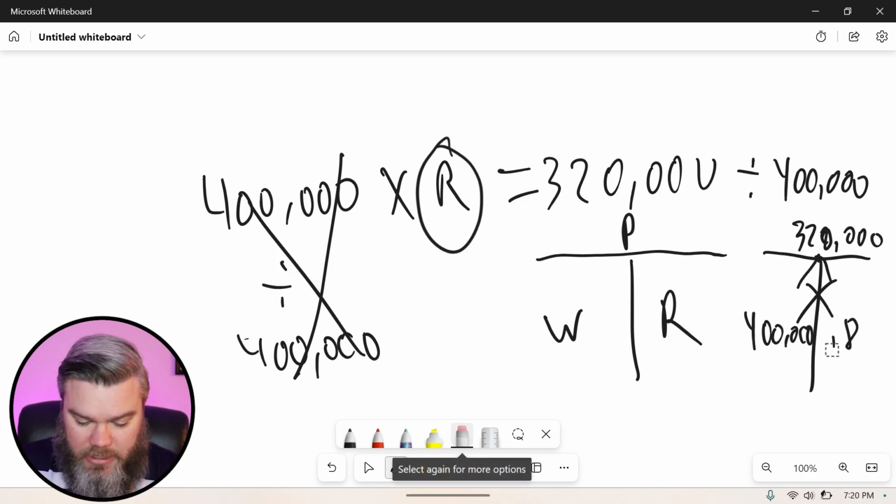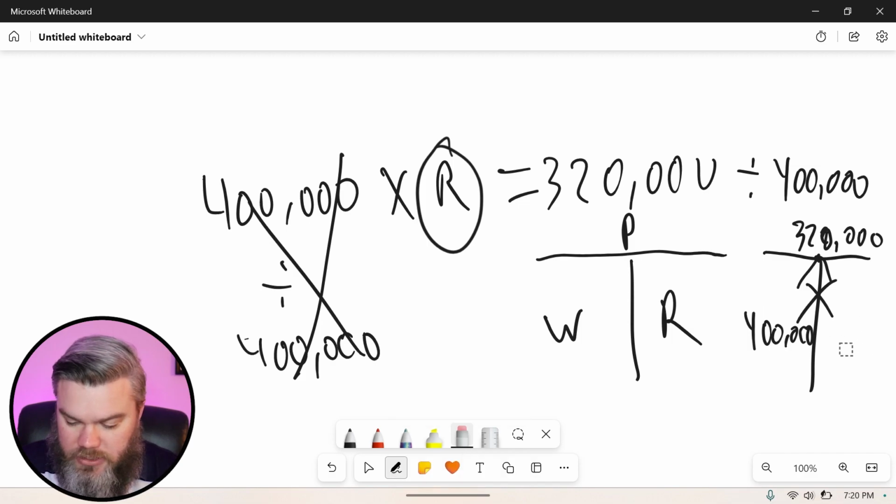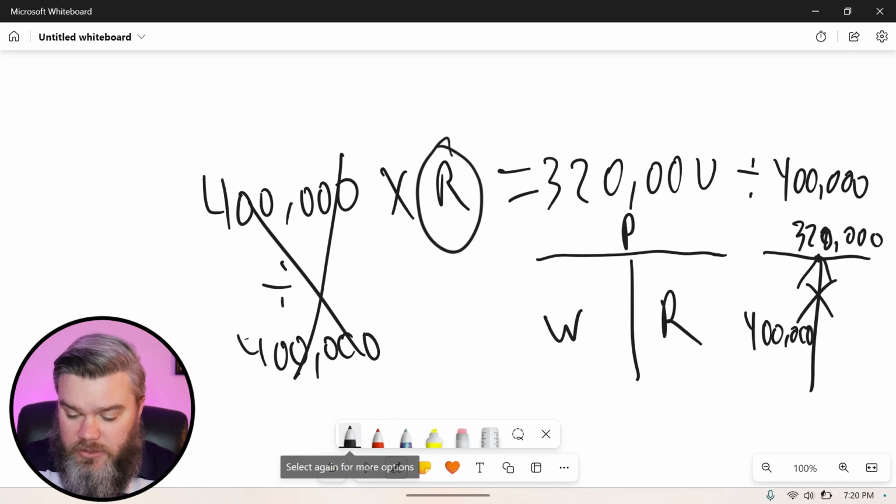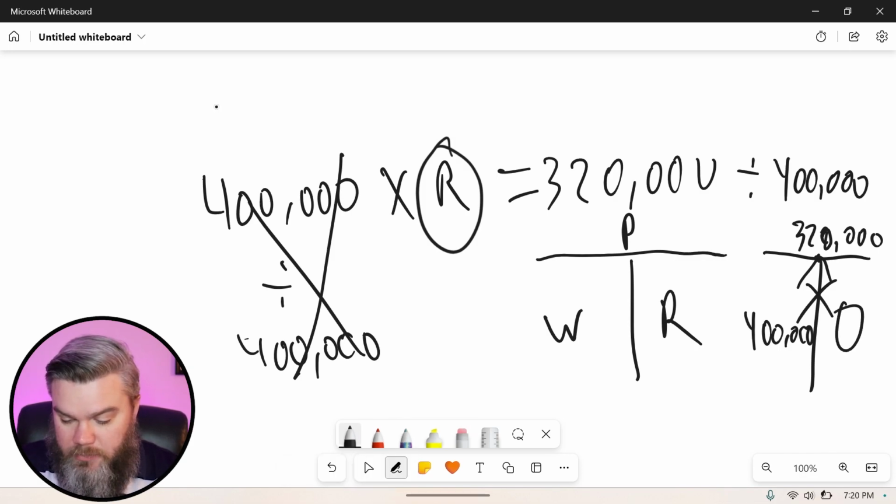So in this instance, I took away, just like we did on the linear side, the rate. And so because we've got the whole, we've got this missing piece, which is the rate, and we've got the part, we would know because we're going down the t, we're dividing. And so it would be like saying, yet again, 320,000 divided by 400,000 gives us our missing piece here.